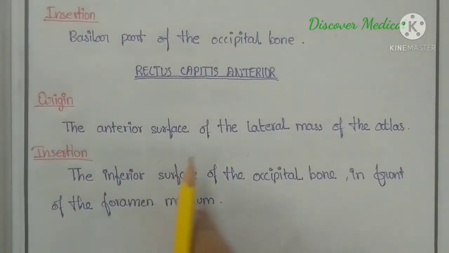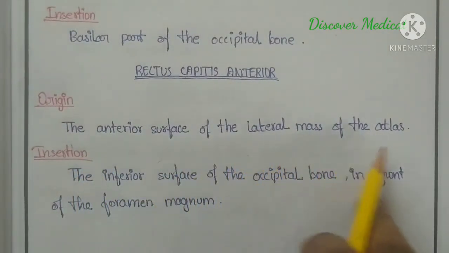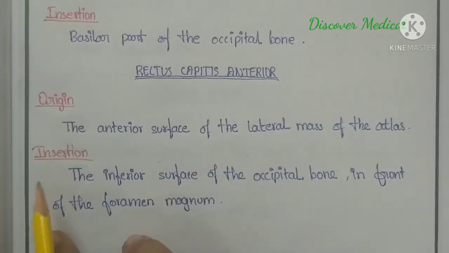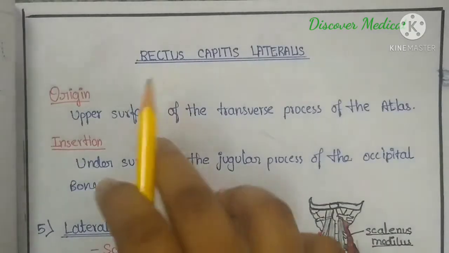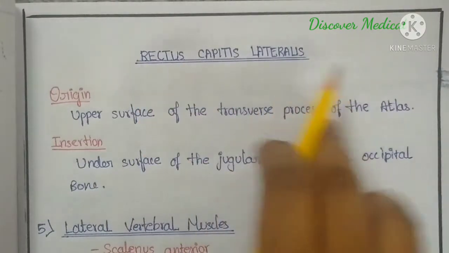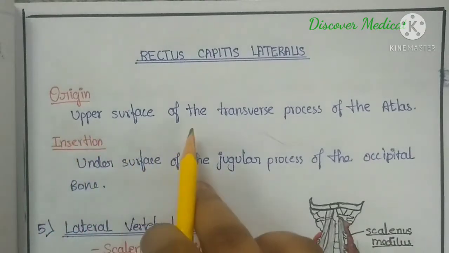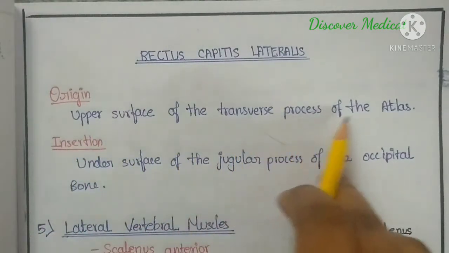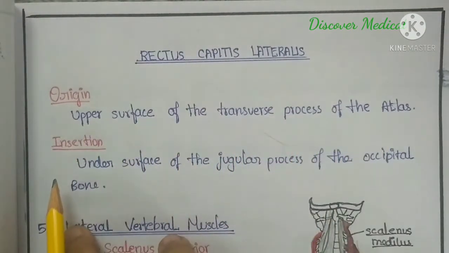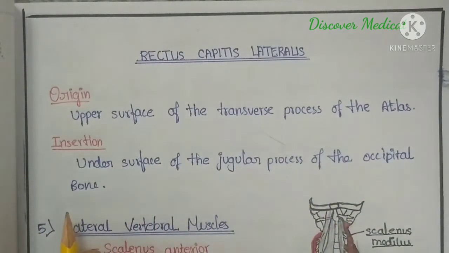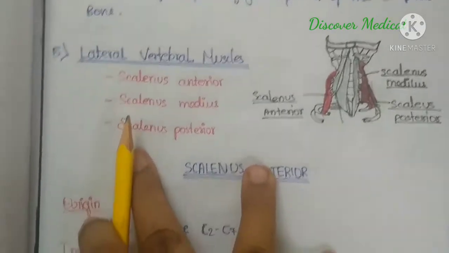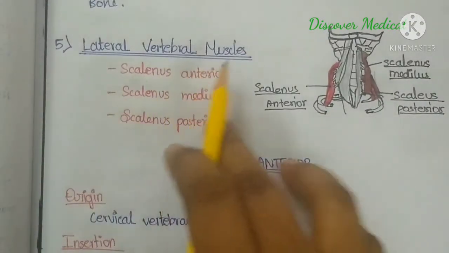Origin: the anterior surface of the lateral mass of the atlas, inserted at the inferior surface of the occipital bone in front of the foramen magnum. Rectus capitis lateralis. Origin: upper surface of the transverse process of the atlas, insertion at the surface of the jugular process of the occipital bone.